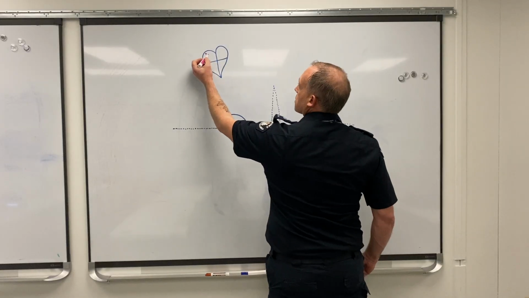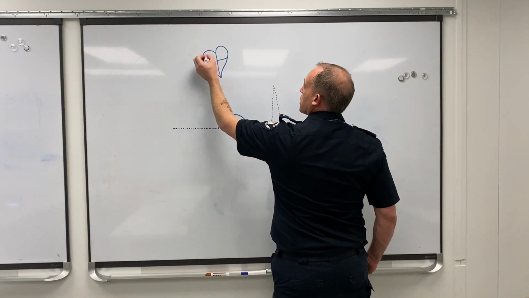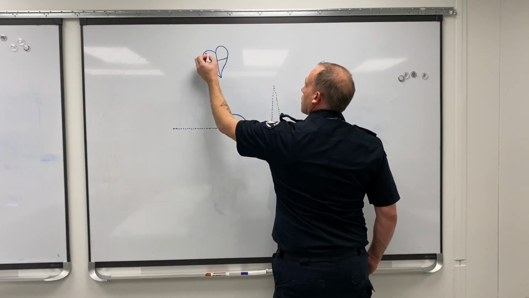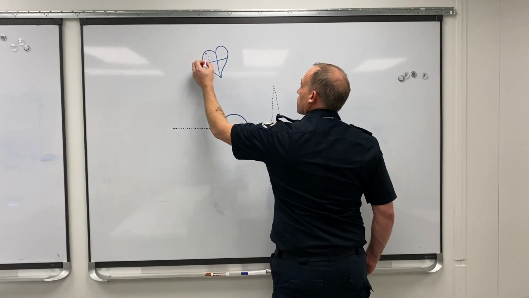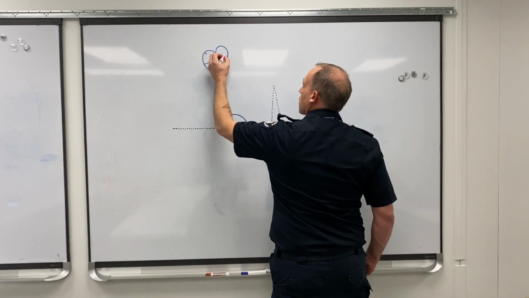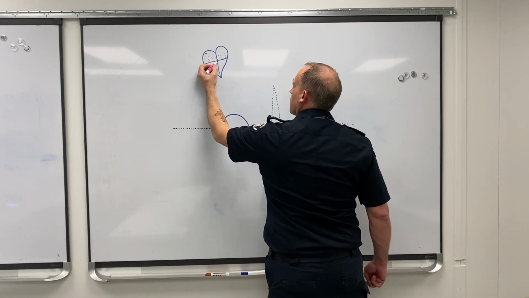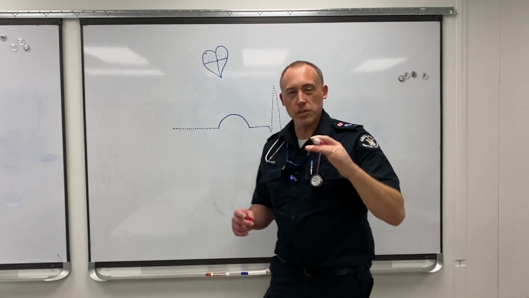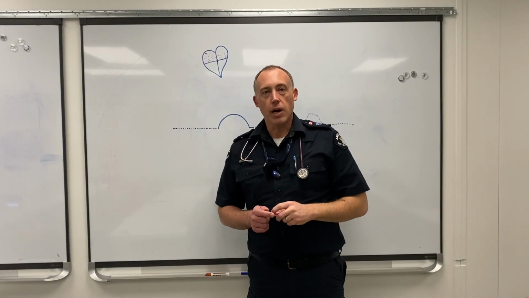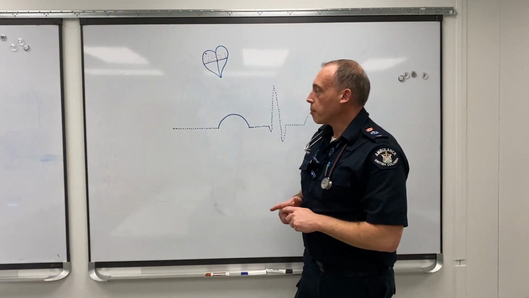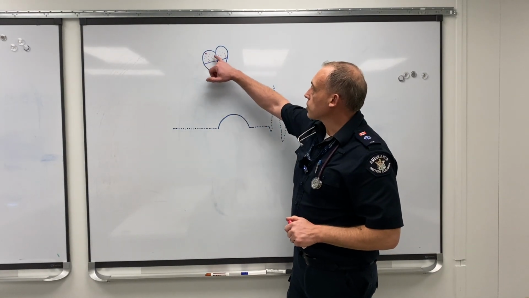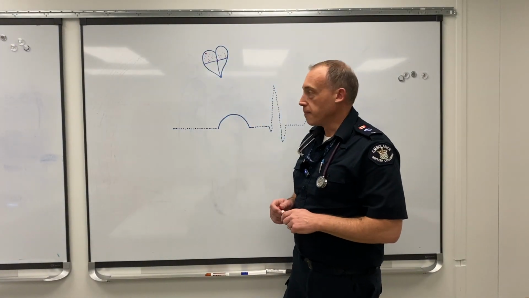As soon as the depolarization hits a threshold, it spreads throughout the atria, through all the atrial muscles, and causes contraction of the atrium. And eventually that signal arrives here at the AV node, and we'll talk about that in the next video. But the P wave represents this initial depolarization through the atria.